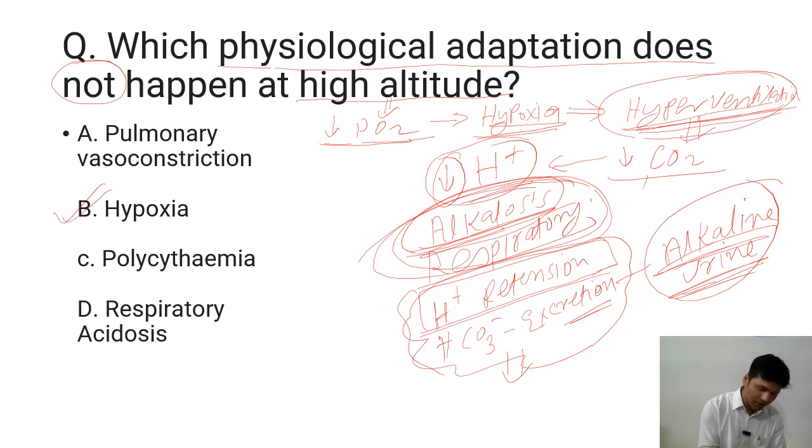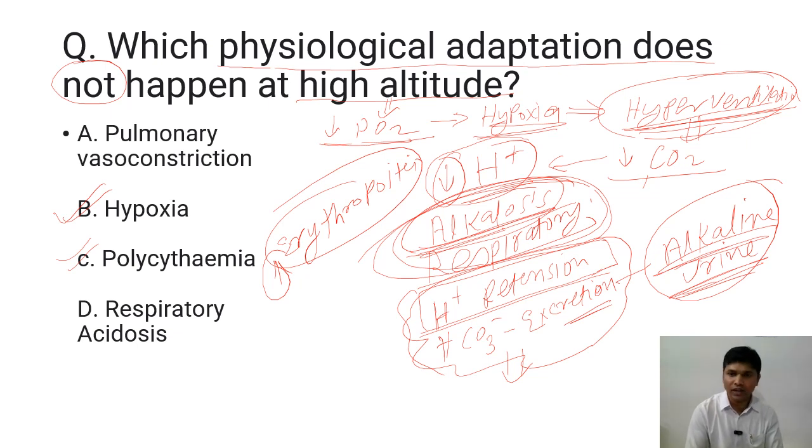Polycythemia will also be there, because erythropoietin secretion will increase from the peritubular capillaries of the kidney, which leads to increased RBC production. So that is polycythemia. Polycythemia will be there, and hypoxia will be there.